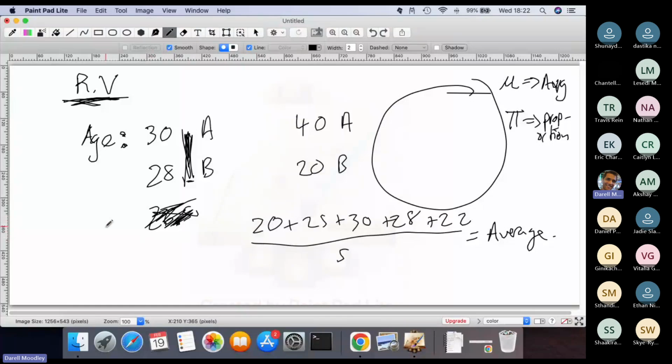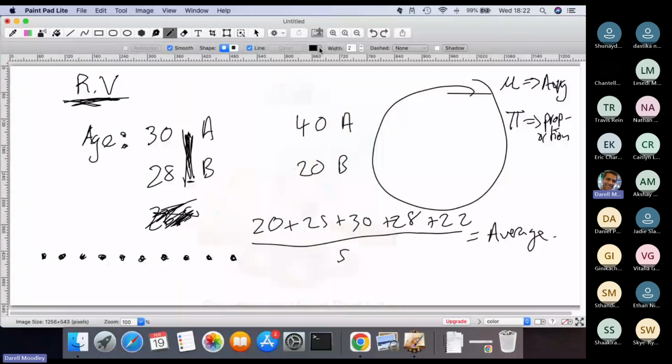For proportion, let's say there are 10 people, 1, 2, 3, 4, 5, 6, 7, 8, 9, 10. Let's say 4 of them, I'm going to shade in red, smoke. 1, 2, 3, 4.